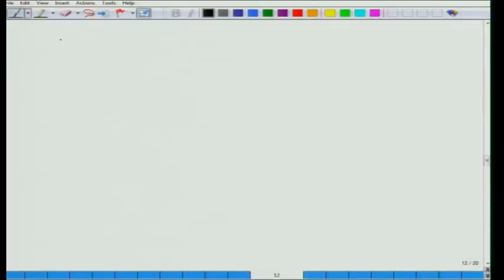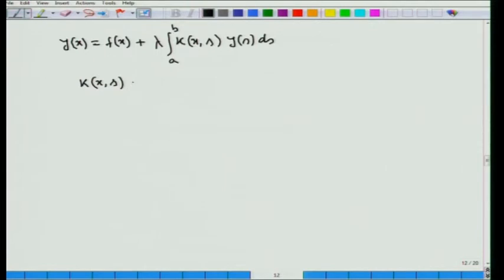So, we are considering an equation of the form y(x) = f(x) + lambda integral from a to b k(x, s) y(s) ds. This is the given equation. The kernel is separable. That means k(x, s) = sigma r running from 1 to n p_r(x) q_r(s).